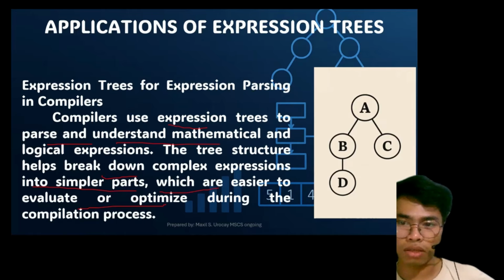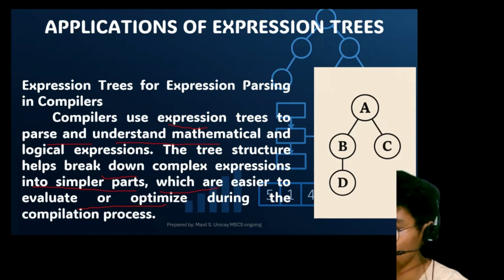the compilation process. So in that instance, if you are studying automata, it will actually be discussed there.